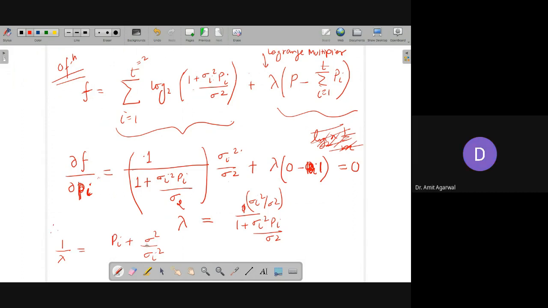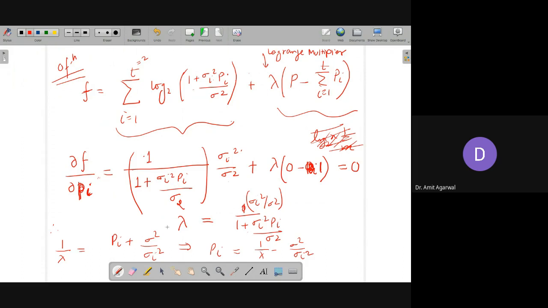Correct? 1 over lambda will be this because we have just multiplied it. But one more thing you should understand, that this implies what is your pi? Your pi should be this.